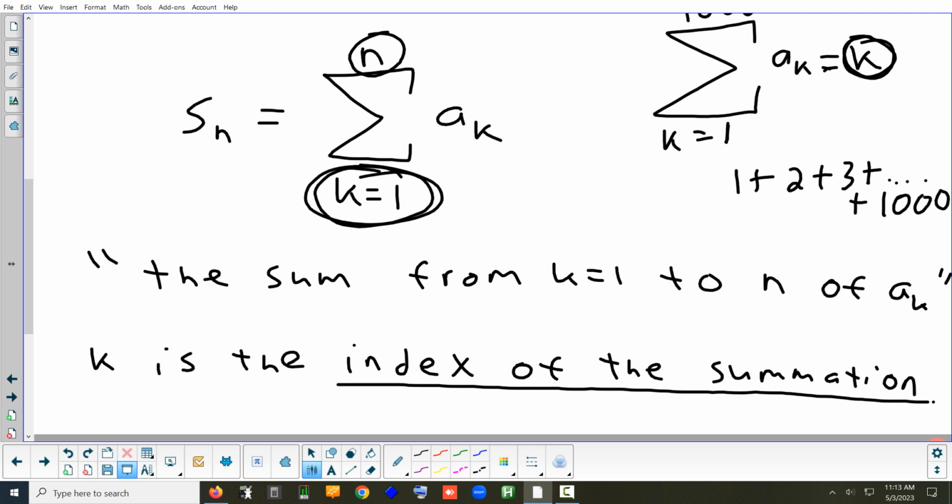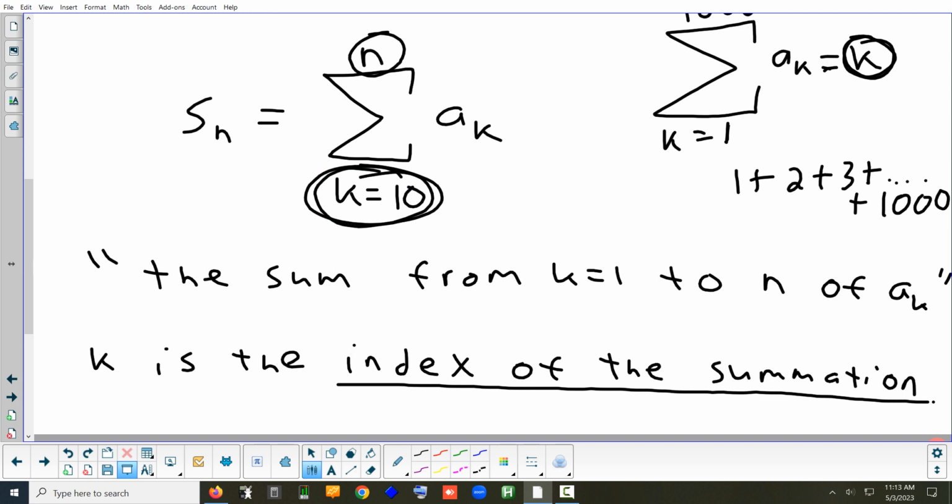So whatever value this starts at, like let's say it started at 10. Well, the first term in this formula now is going to be generated by plugging 10 into that, whatever that is. The second term would be when you plug in 11. The next one would be when you plug in 12, and then 13, 14, and 15. So this one just starts at the number 10.